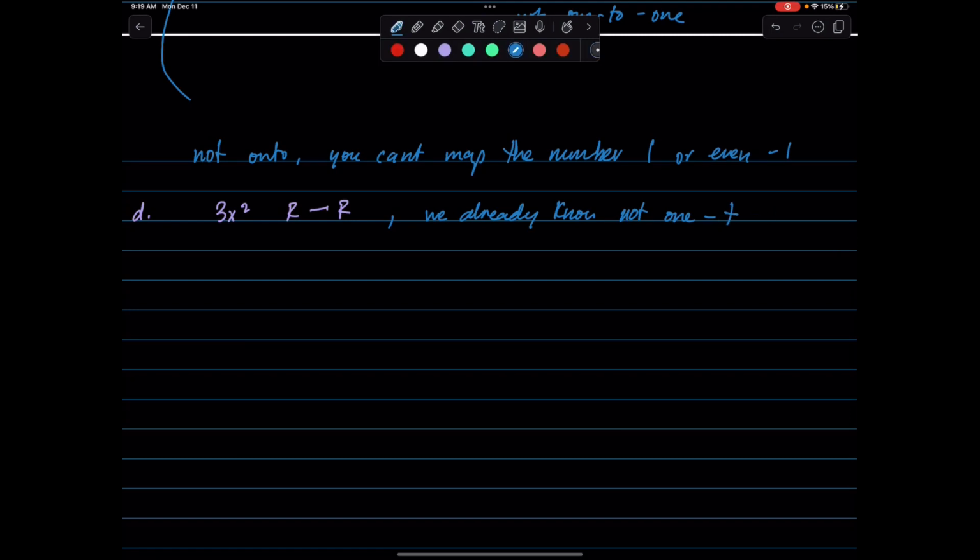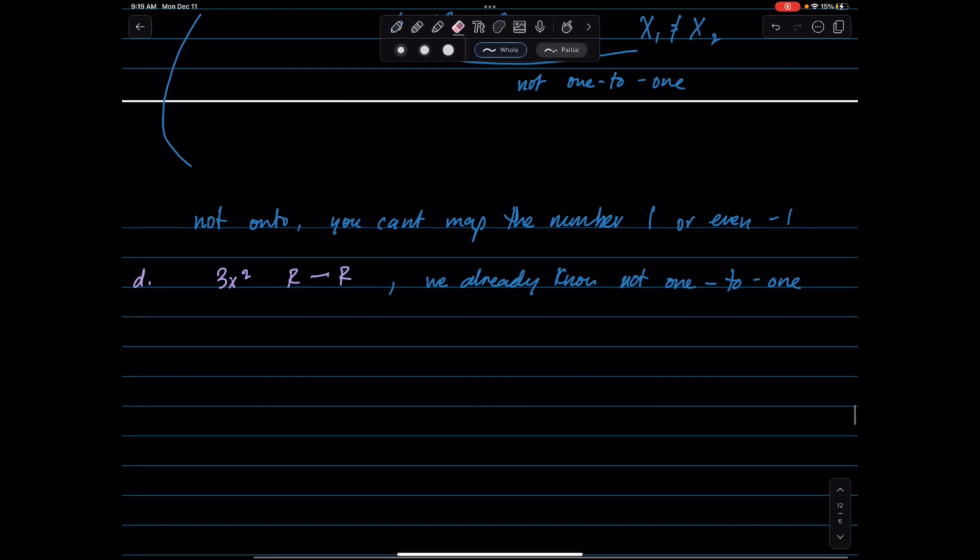Changing the domain of a function will not change whether it's one-to-one, but it could change whether it's onto, basically. Right, so this is not onto either.